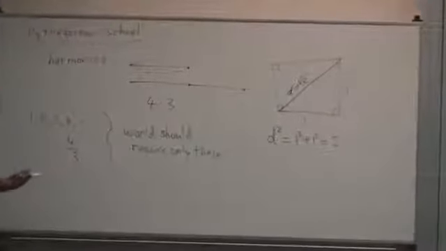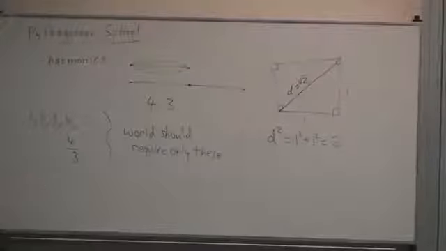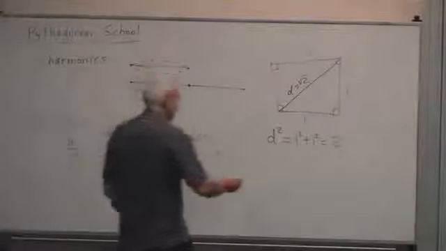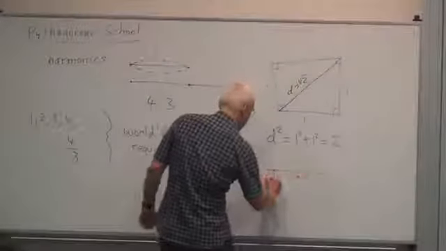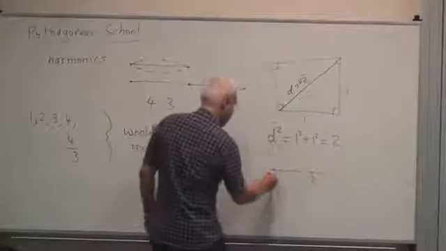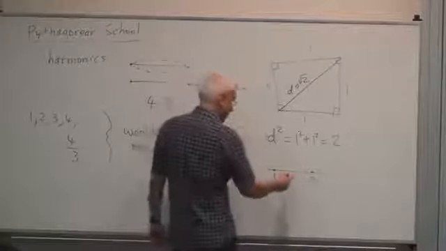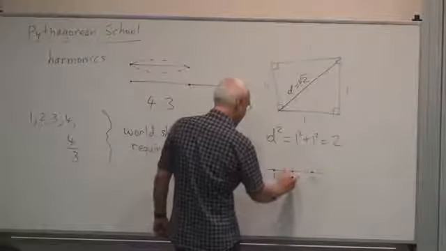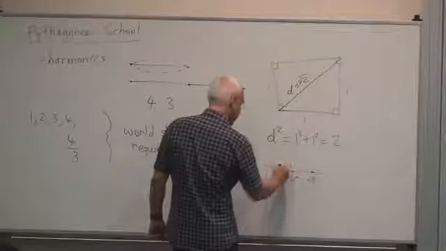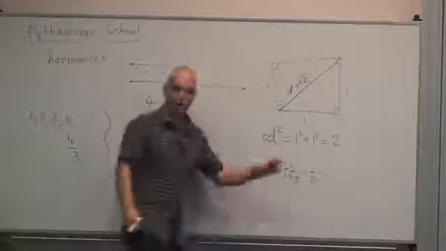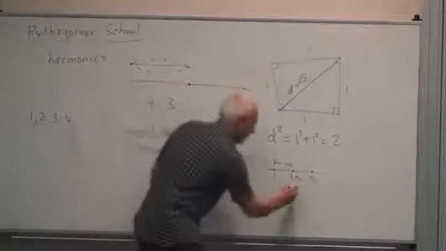So from their point of view, what number squared gives you 2? Well, where is d? If that's 1 and that's sort of 2, then d should be bigger than 1 but less than 2. And it's not too hard to see that it's somewhere between 1 and 1.5, 1.5 being 3/2.